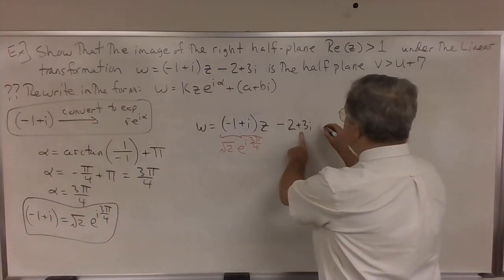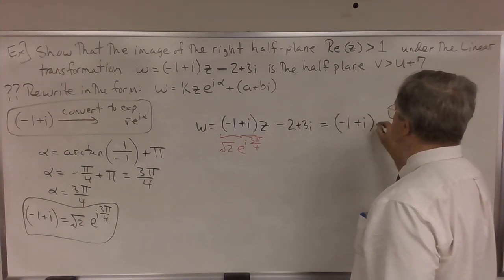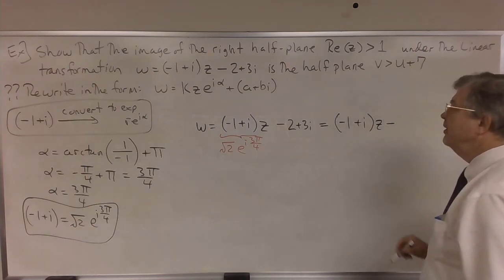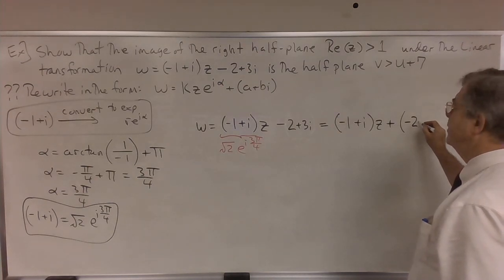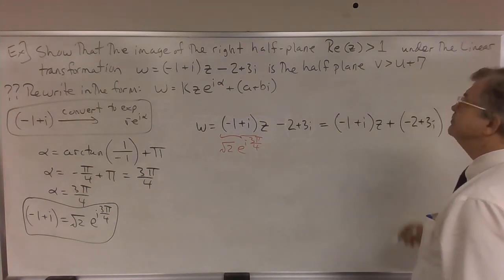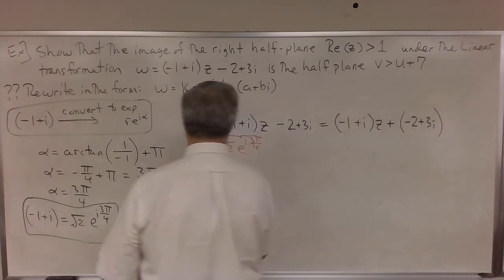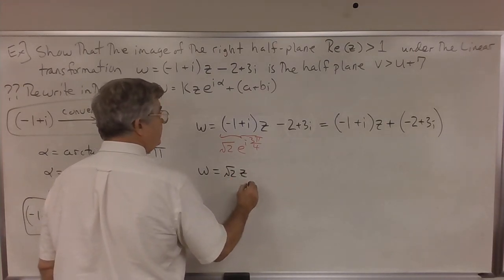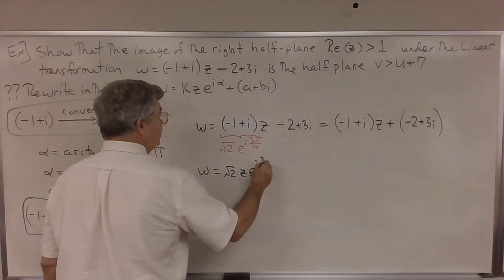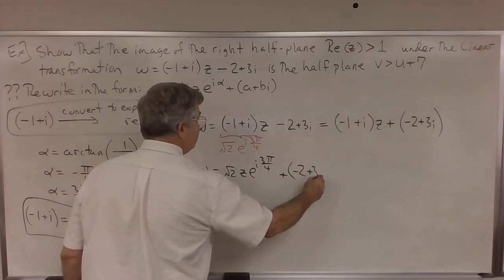Now I want to rewrite this part. I want to write it as plus negative 2 plus 3i. Okay, so this is the translation. And this is going to equal square root of 2 z e to the i 3 pi over 4 plus negative 2 plus 3i.